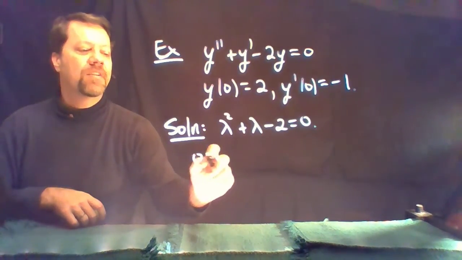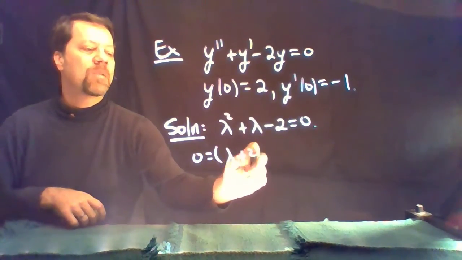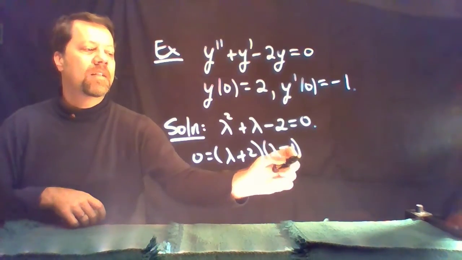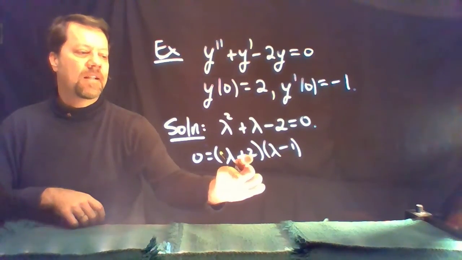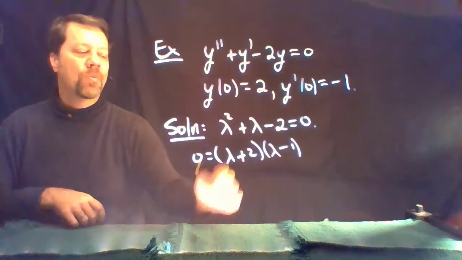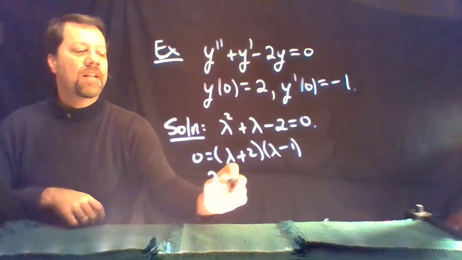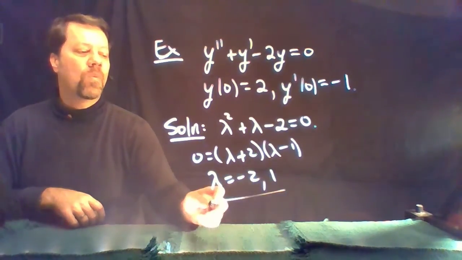We can factor, this is lambda plus 2, lambda minus 1. That'll give us the 2 lambda, and a minus lambda gives you 1 lambda here, so that lambda is minus 2 or 1.